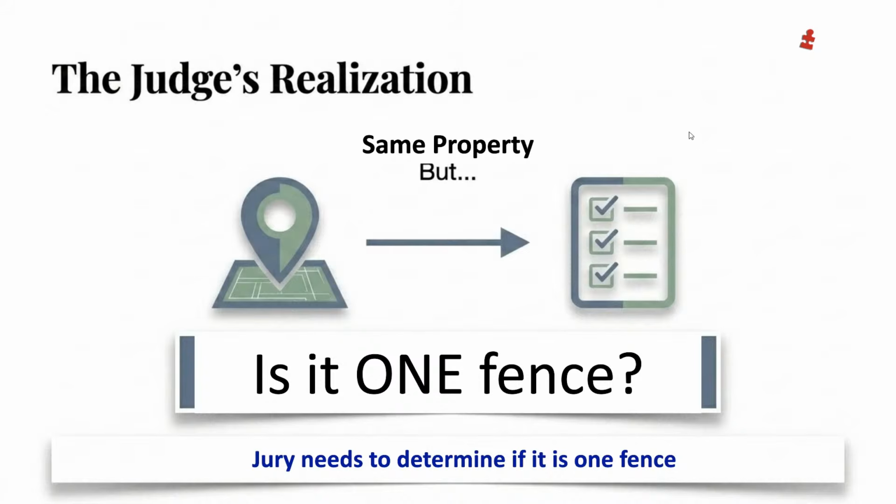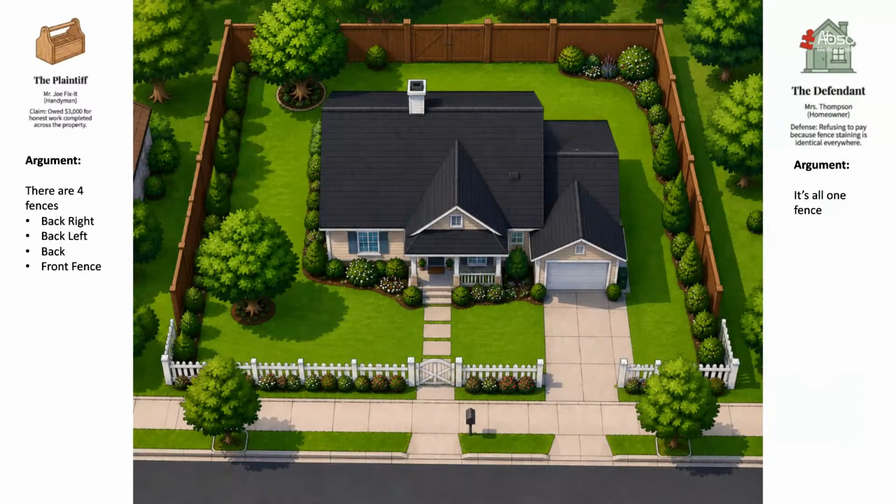So what I did was I used that one fence scenario to explain that modifiers say that one fence is different, right? Because the fence surrounds the house.